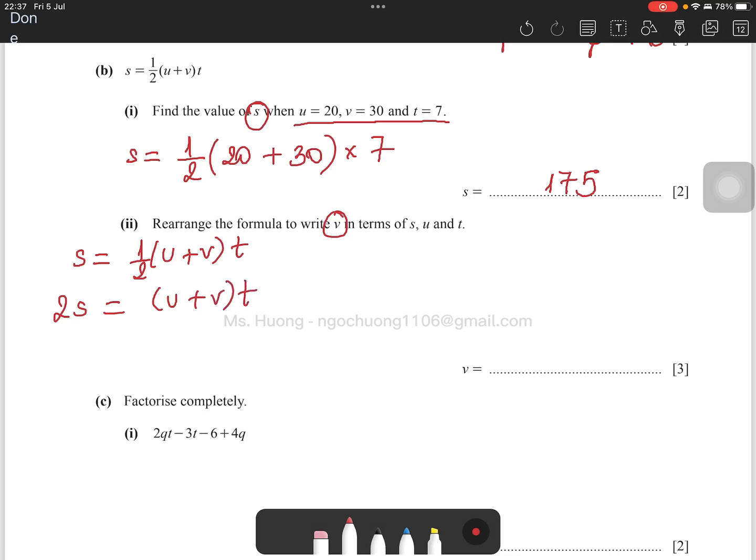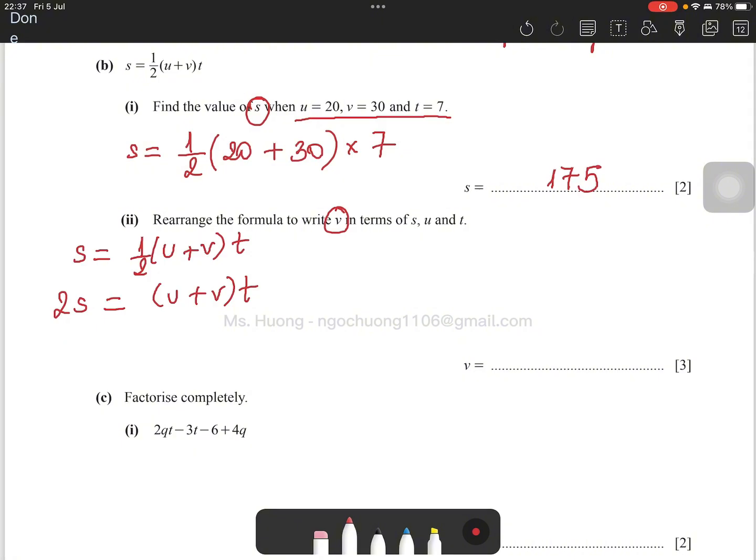Then we can remove t by dividing both sides by t. So it is u plus v here. Finally, we can remove u by subtracting u from both sides. So the right-hand side is only v now. So v equals 2s over t minus u. And that's it.